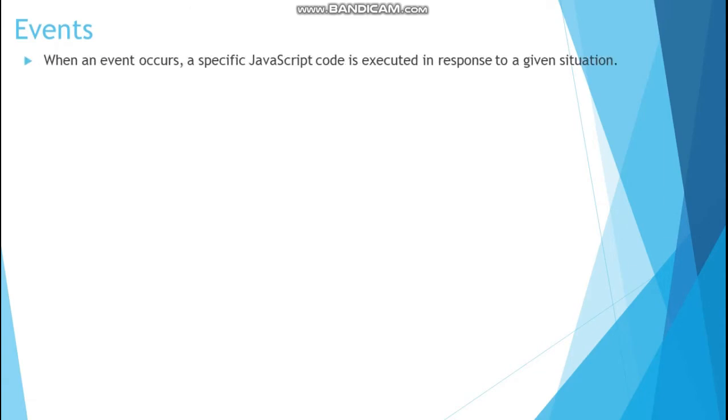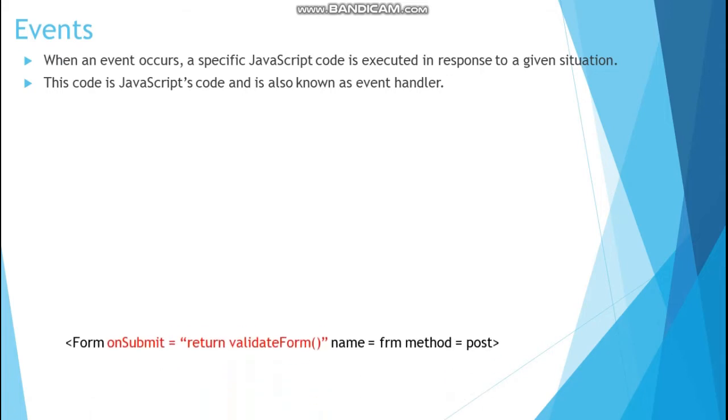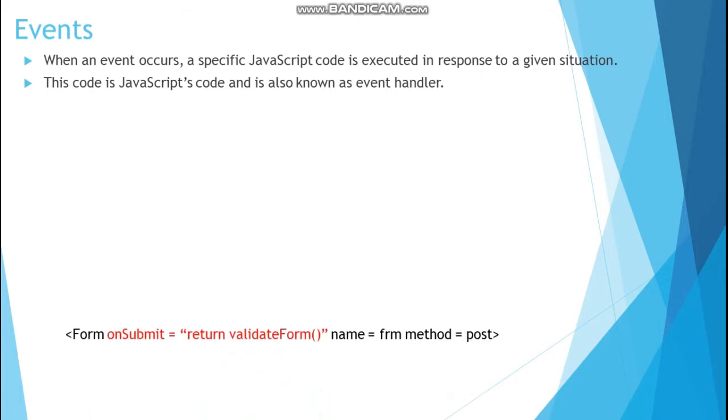When an event occurs, a specific JavaScript code is executed in response to a given situation. This code is JavaScript code and is also known as an event handler. So here you can see form name equal to frm, method equal to post, onsubmit equal to return validateForm.